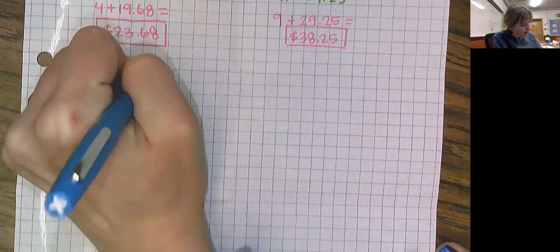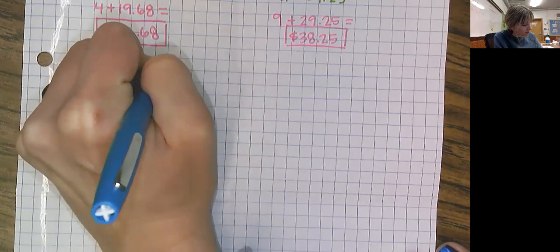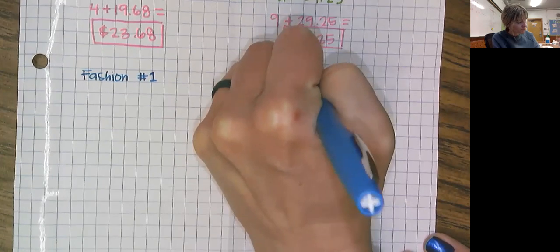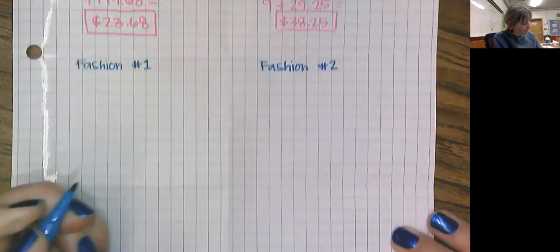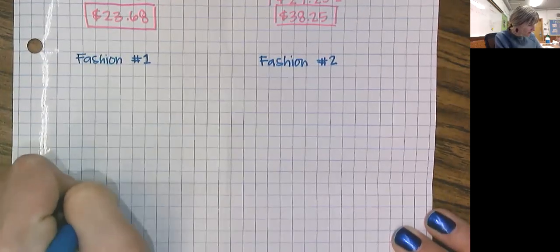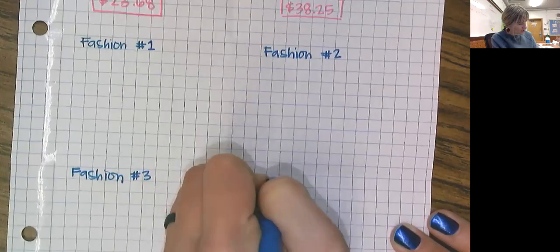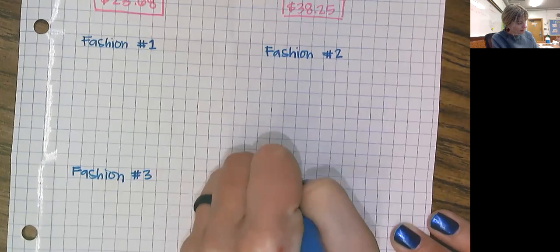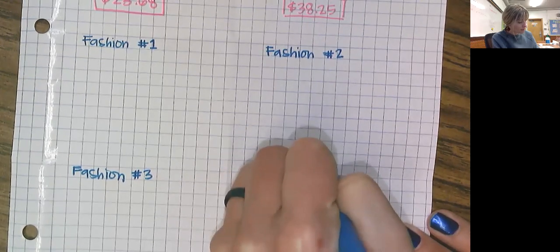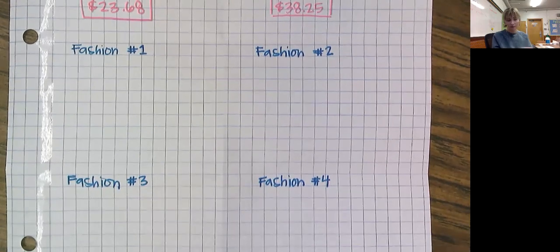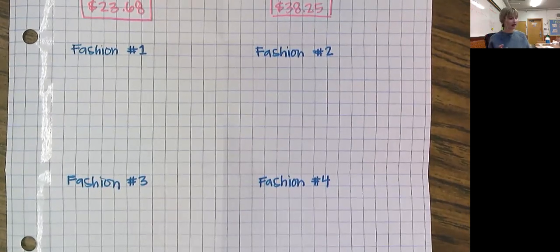So you're going to put in the next 4 boxes, fashion number 1, fashion number 2, fashion number 3, and fashion number 4. And you will see what those items are as you scroll down in Canvas, but just know the next 4 items with markups are going to be in this fashion category.